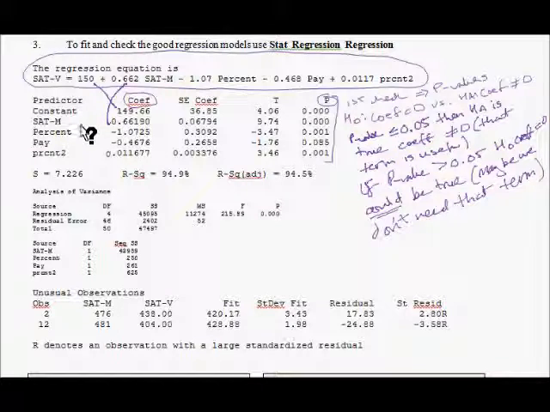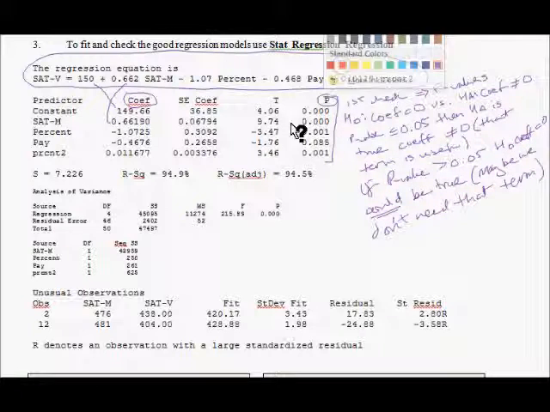For percent, the coefficient is negative 1.07. Again, the p-value is less than 5%, we're okay. But with pay, notice the p-value is bigger than 5%. Percent squared is again small.